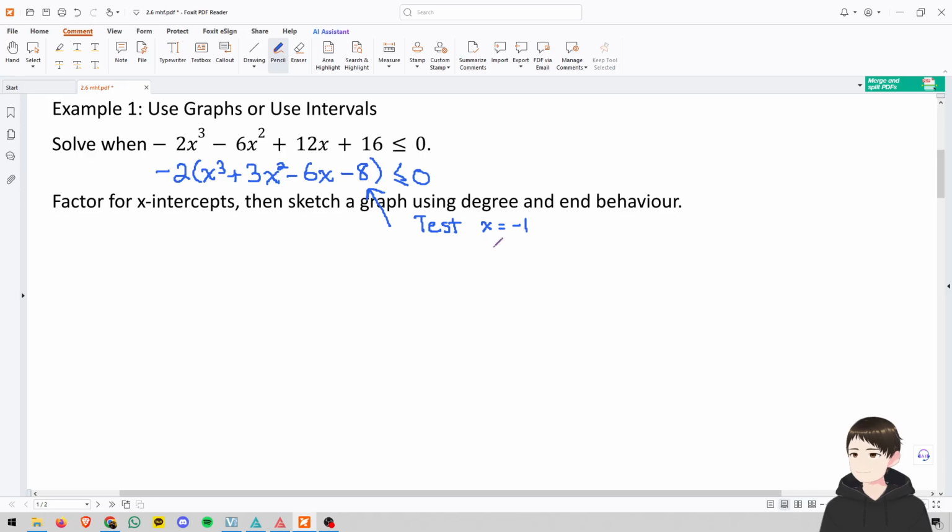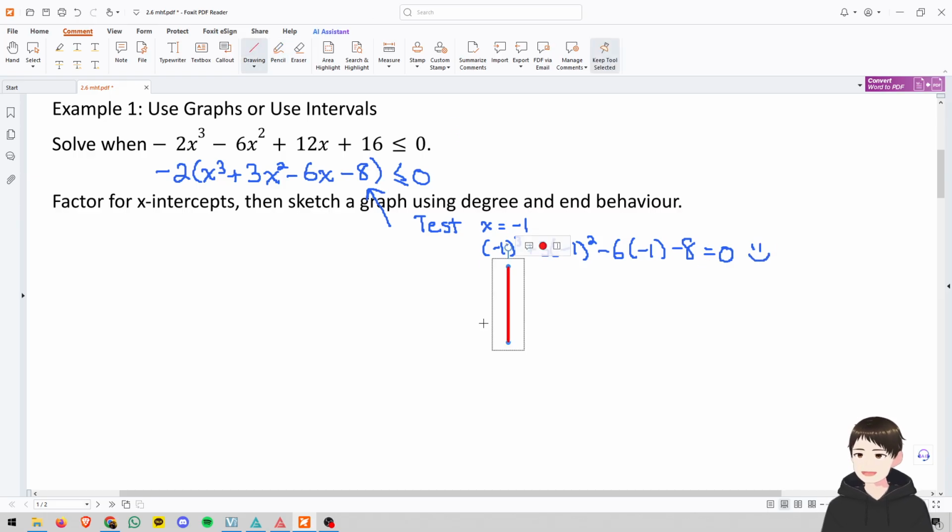That means x cubed plus 3 times x squared minus 6 times x minus 8, with -1, gives positive 3, positive. Yep, that works. Yay. So let's do it. I'm going to go straight into factoring because I am very interested in the x-intercepts.